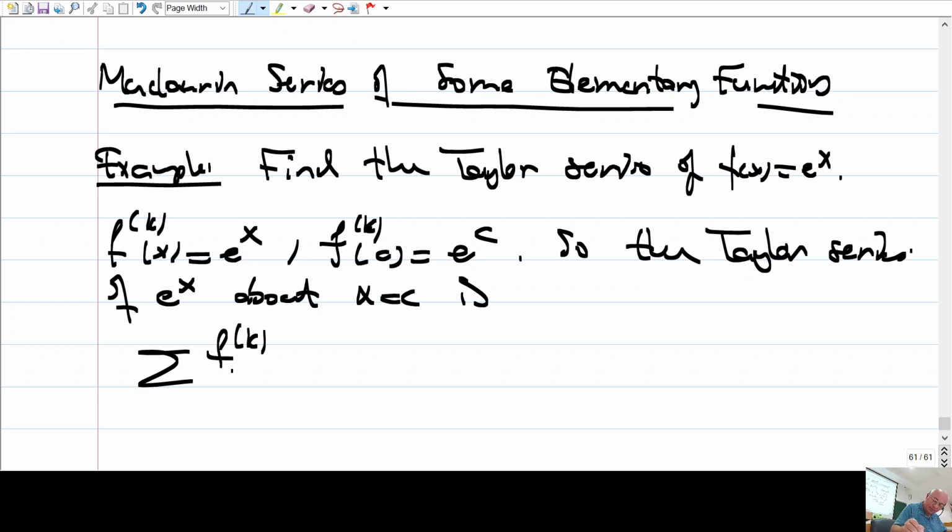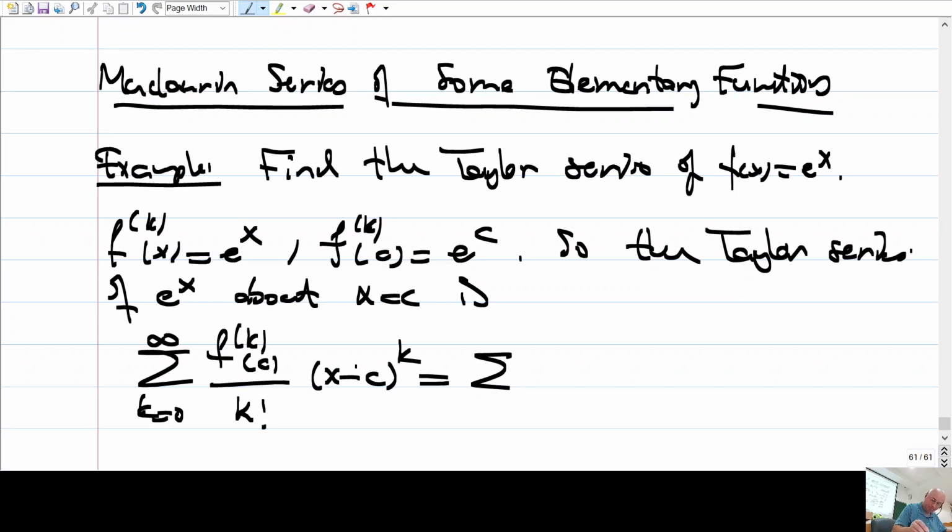You compute the derivatives at c, divide by k factorial, and then multiply by x minus c to the power k, k from 0 to infinity. So this is just e to the power c times the sum of x minus c to the power k, k from 0 to infinity. e to the power c is common in all terms.